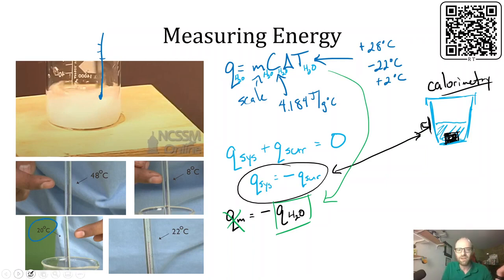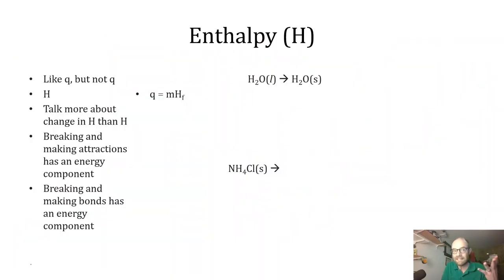So really we have to talk about something that isn't Q, but that's almost Q. Enthalpy is a term like Q that refers to a heat, but instead of talking about energy that's transferred because of a change in temperature, it refers to a change in some sort of internal energy. Specifically, enthalpy refers to changes that involve breaking or making bonds or breaking or making attractions.